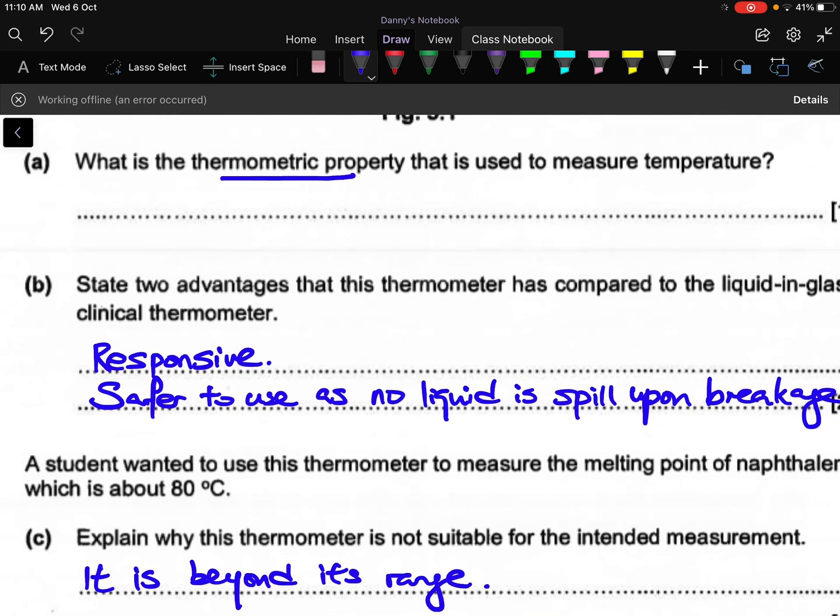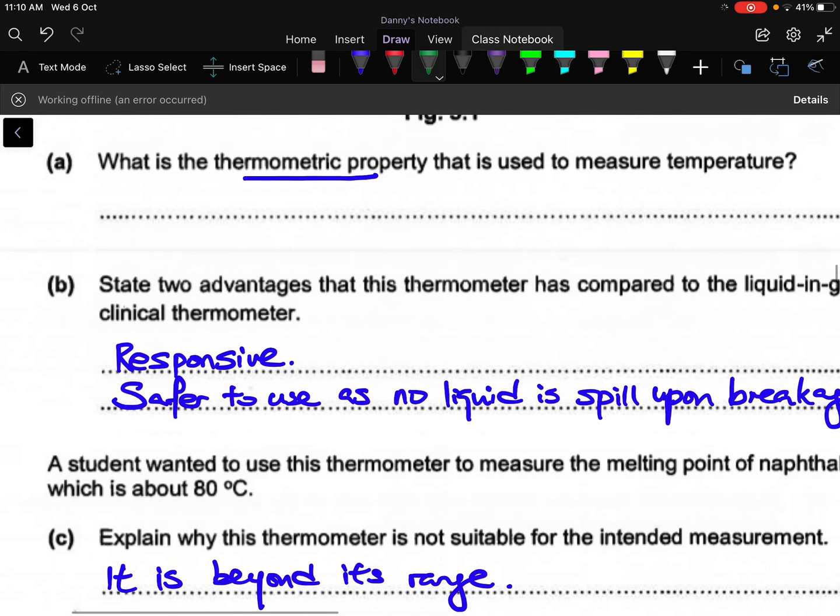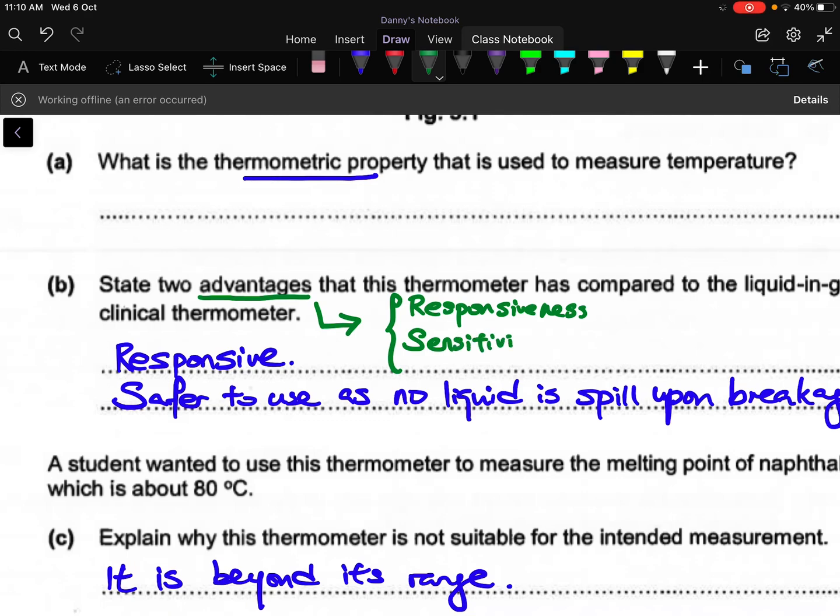By the way, since we are doing revision, when they are talking about advantage, there are a few areas that you can comment on. So number one is what I have covered, responsiveness. The other thing that you can comment on is sensitivity. Now for sensitivity, you are talking about the same temperature change.